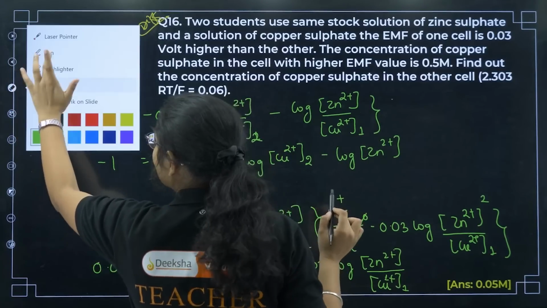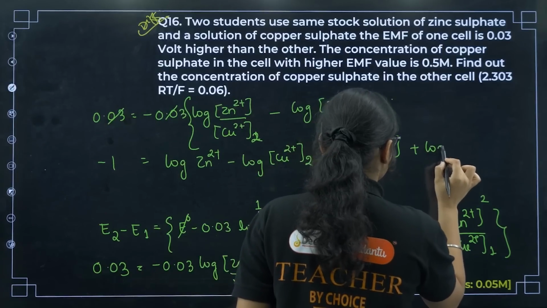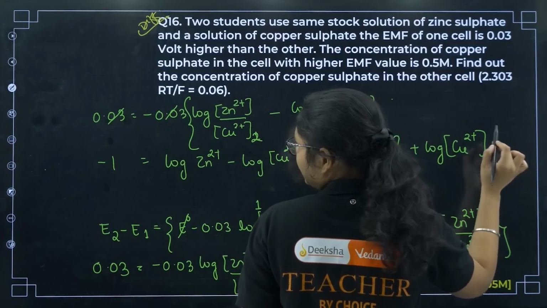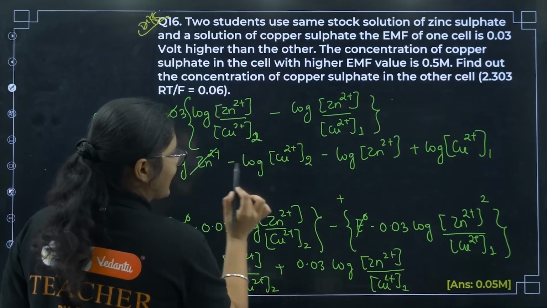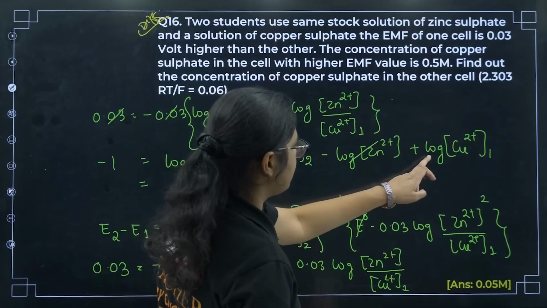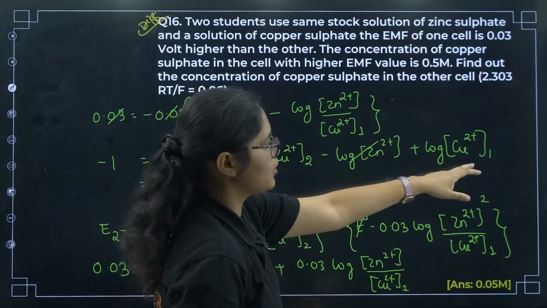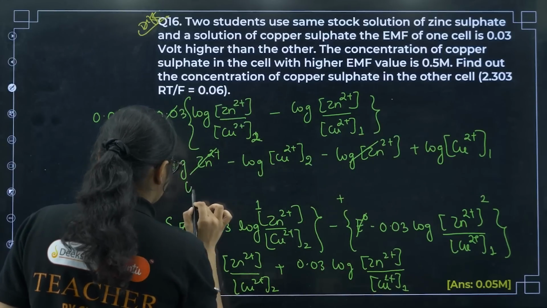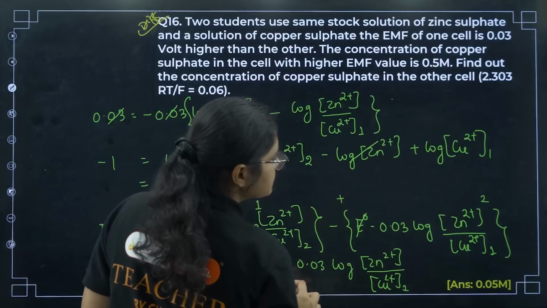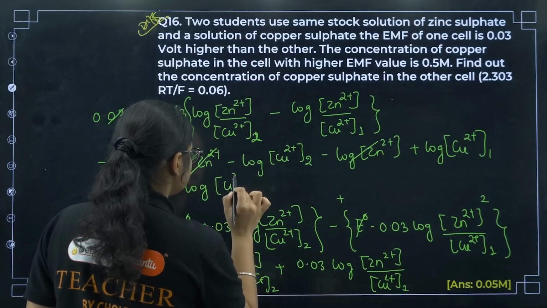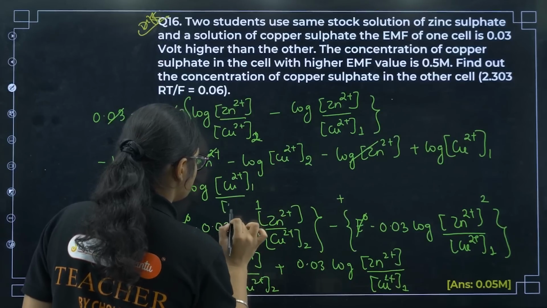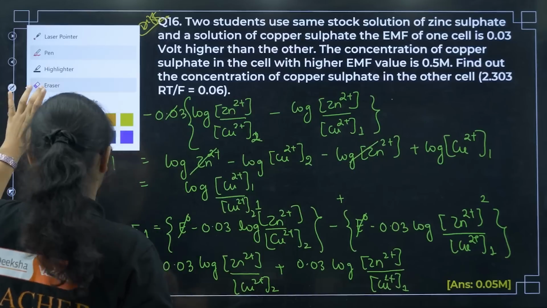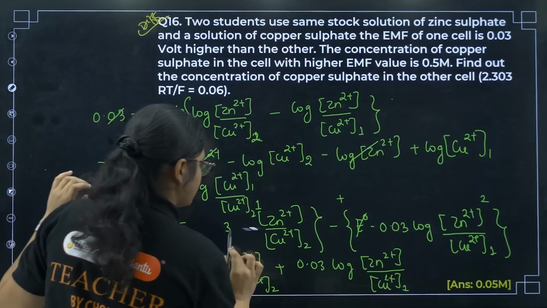So I am directly writing here plus log of Cu2+ the first one. Clear? Now I can cancel this one and this one, right? And I have minus log A plus log B, which means I can write log of A by B. So I can write log of Cu2+ 1 by Cu2+ 2.